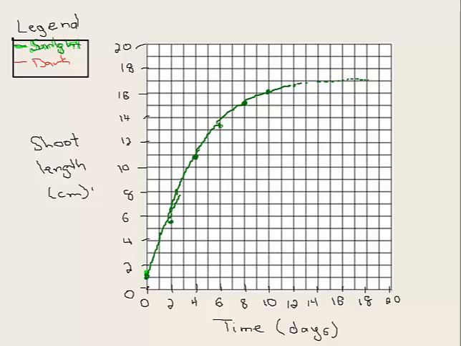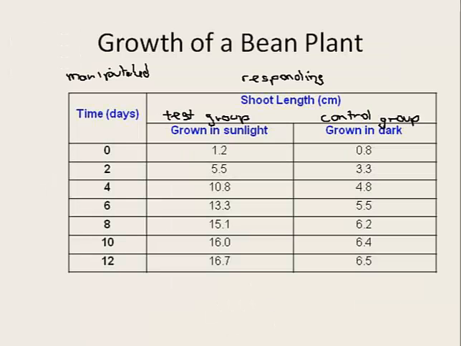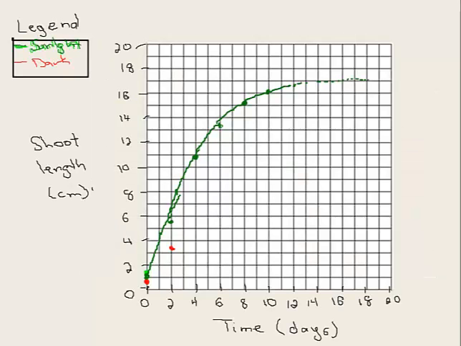And this is going to be our red line according to our legend. So we're starting at 0.8. And day 2, we're at 3.3. So we'll cross to day 2 and up to this is 2, this is 3. So 3.3 is going to be about there. Now 4 days is 4.8, 6 is 5.5.